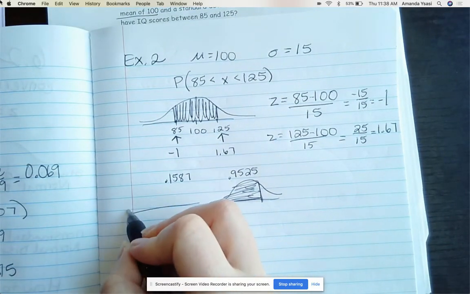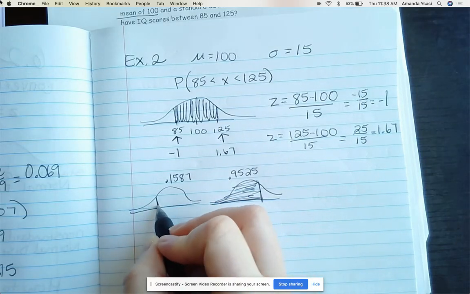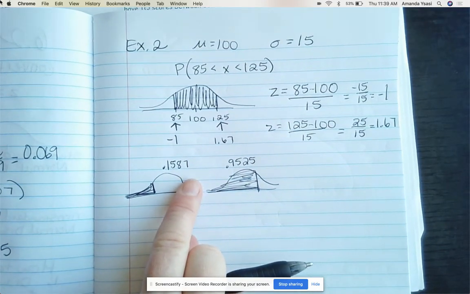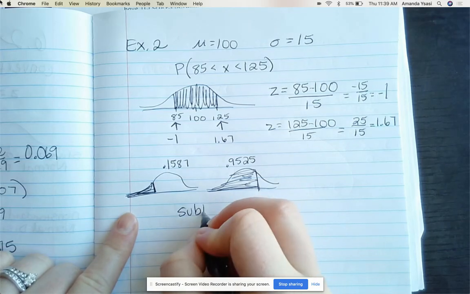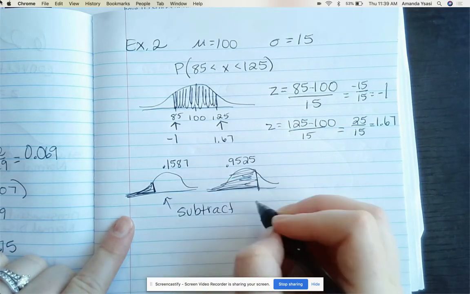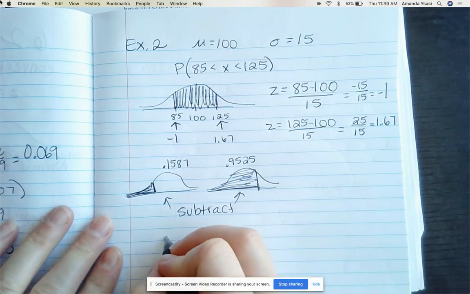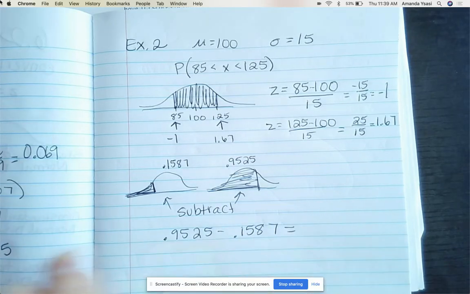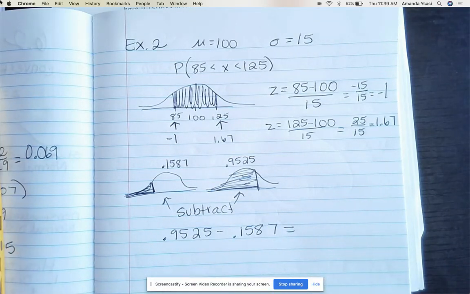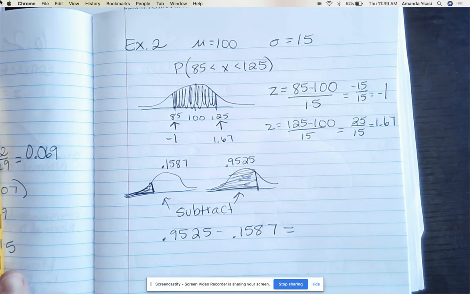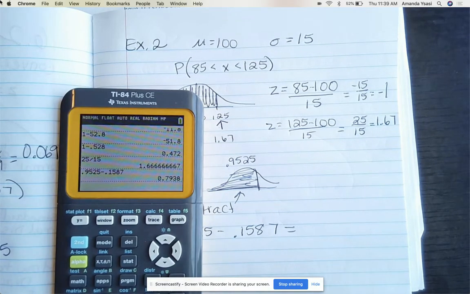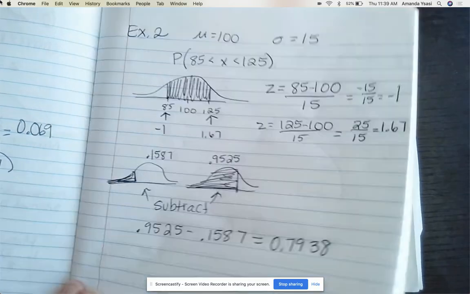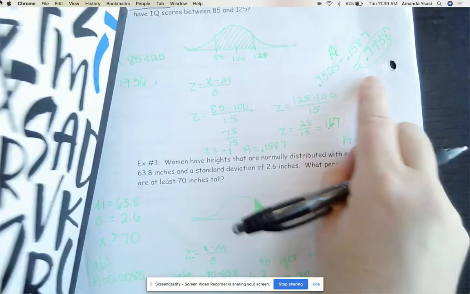And then this is telling me that right here is 0.1587. So in order to find out what's just between them, we subtract this from this. So let's see, 0.9525 minus 0.1587, 0.7938. Check. Okay, yes, that's what I got.